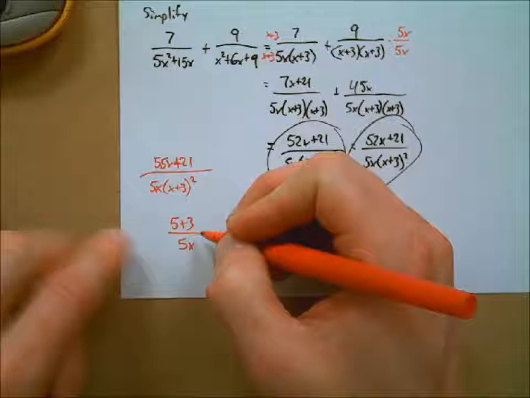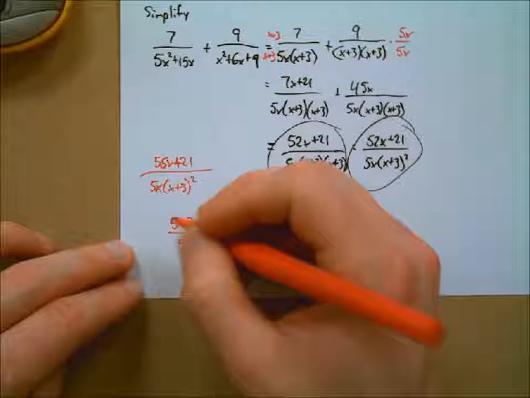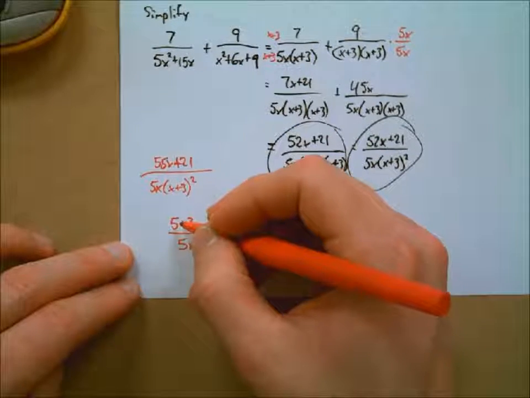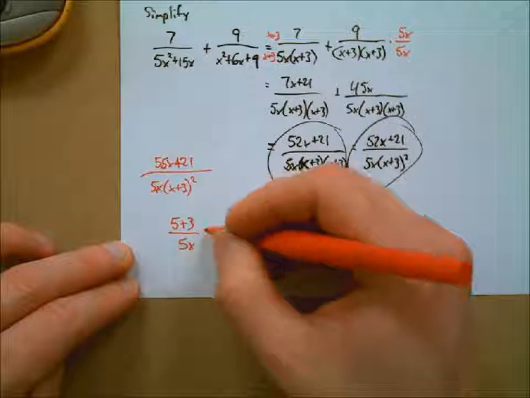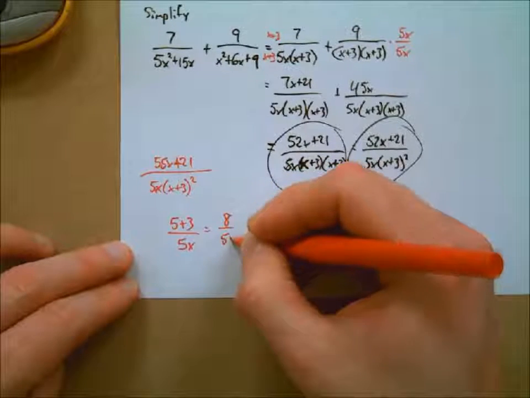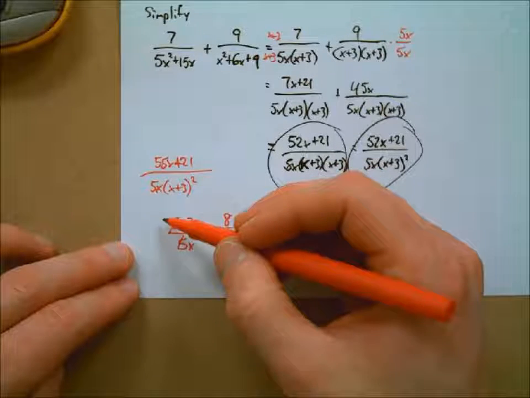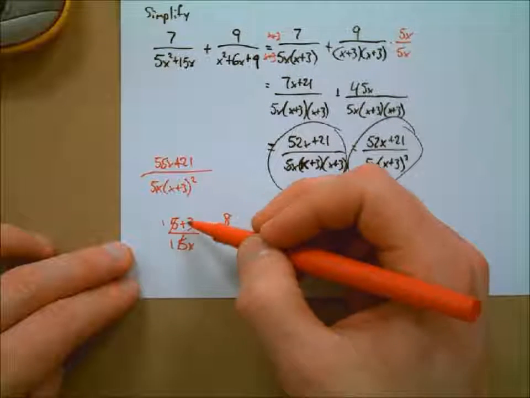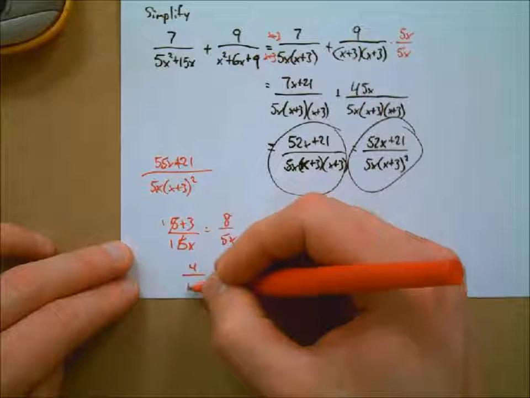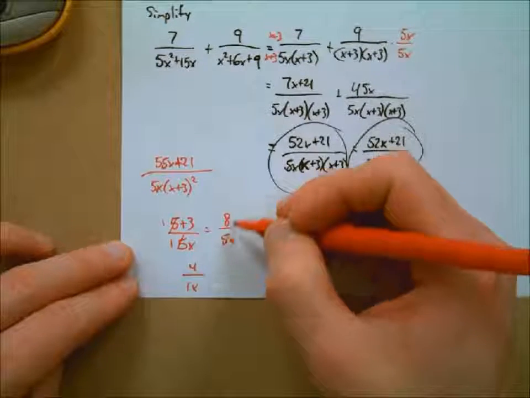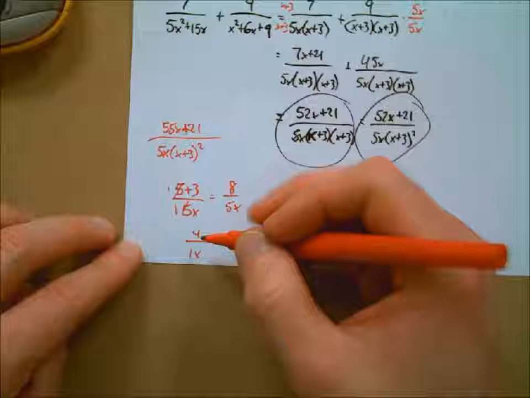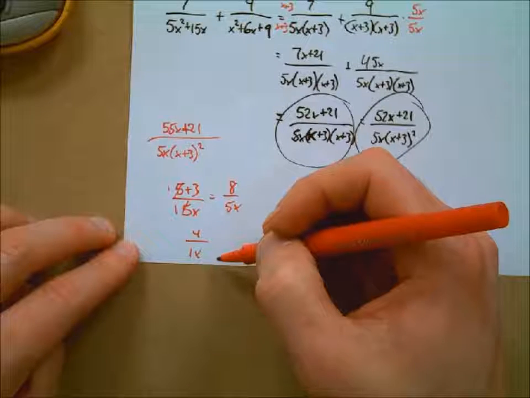Say 5 plus 3: we can add the 5 and the 3, and that makes 8 over 5x. But what if I canceled the 5 out and made that a 1 and a 1? Now it's 1 plus 3, 4 over 1x. 8 over 5x is not the same thing as 4 over 1x.